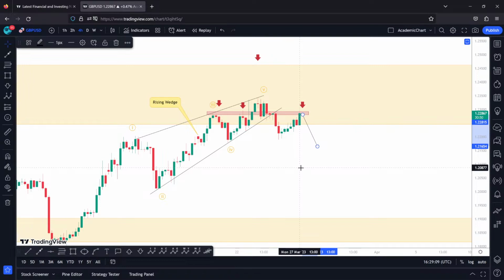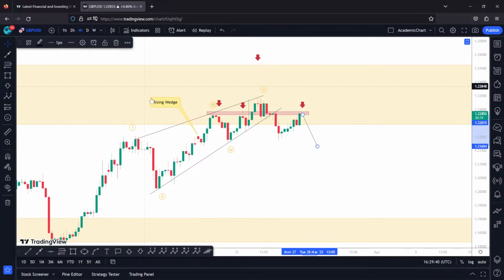Divergence, finishing up the five-wave impulsive structure to the top, reaching the resistance zone on the weekly as a triple top, reaching this resistance zone on the hourly again for the third time, creating a rising wedge, and also we discussed that divergence. So this is my short-term expectation.